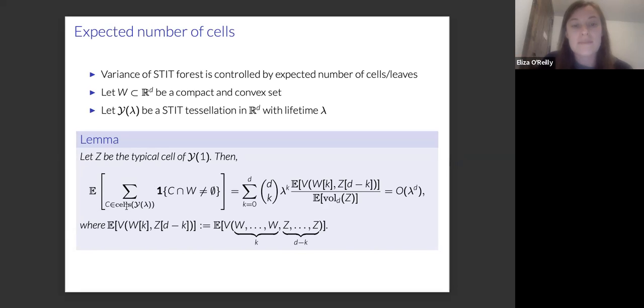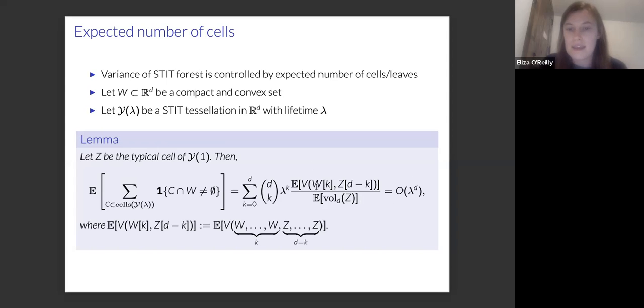The expected value of that, using the formula on the previous slide, as well as Steiner's formula and the scaling property that I mentioned earlier, gives us a polynomial in lambda, where the coefficients are all just geometric properties of the typical cell. The typical cell here is the typical cell of the STIT tessellation with lifetime 1. So we use the scaling property to pull out the lifetime lambda.